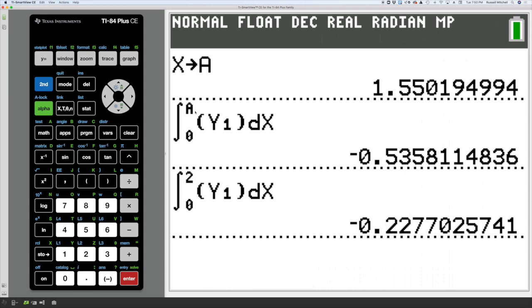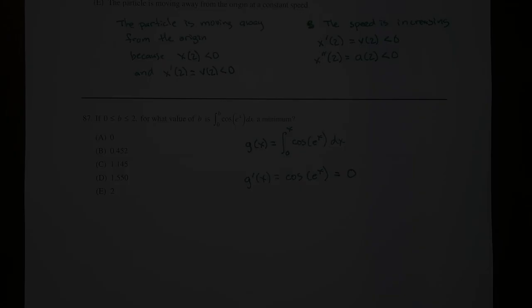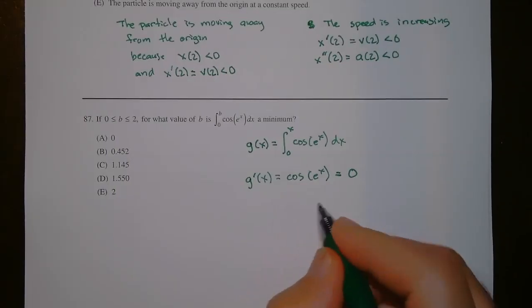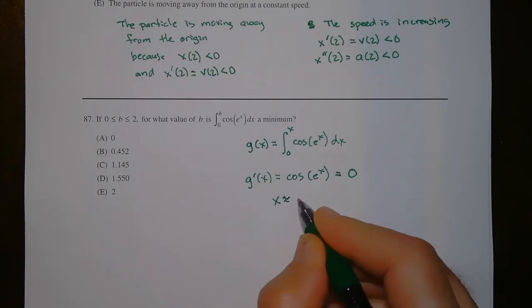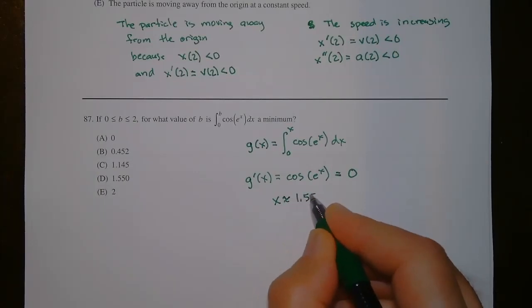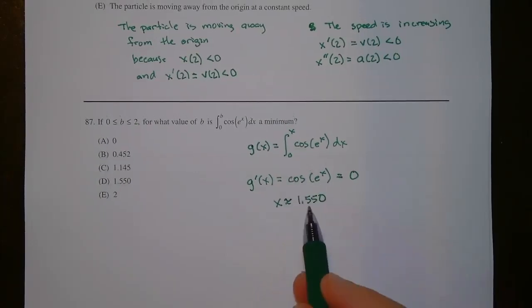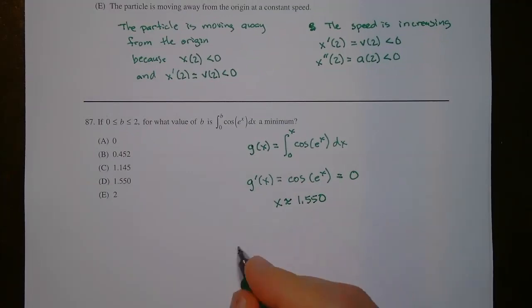Okay, so let me go back and we'll formally write this up. Okay, so this happened at x is about 1.550, right? And we stored that as alpha A in our calculator, okay? And then we found g of 0, okay?